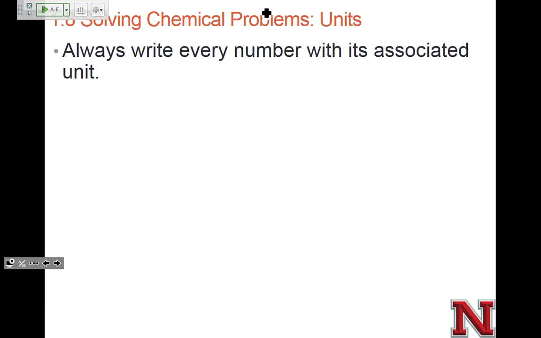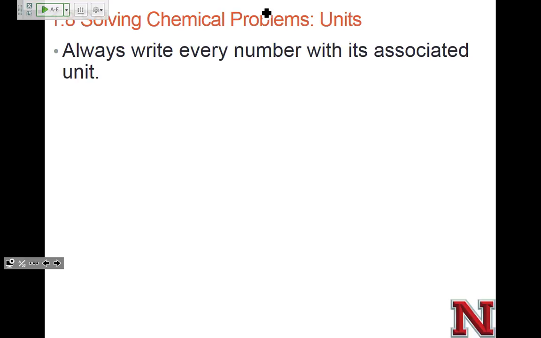Because what's going to cancel out? The body weight of the person and the kilogram body weight on the bottom. You can't cancel out milligram drug and milligram body weight. That's not the same thing. I am not a drug. So even if we're in the same type of units, in this case mass, we still want to know what we're talking about. And we'll see that in chemistry because we will be looking at figuring out theoretical yield.